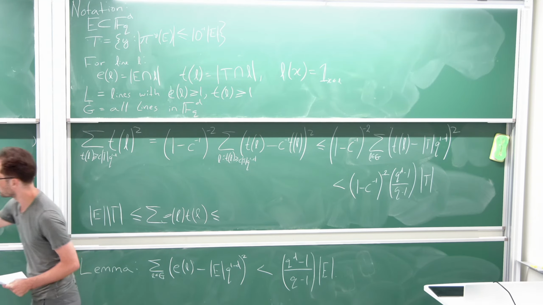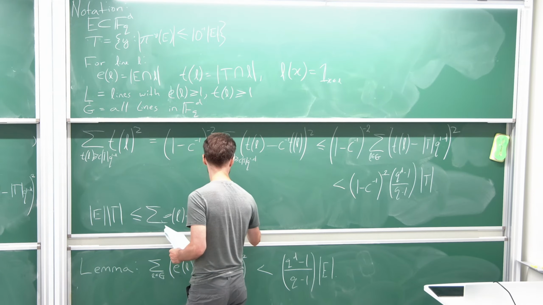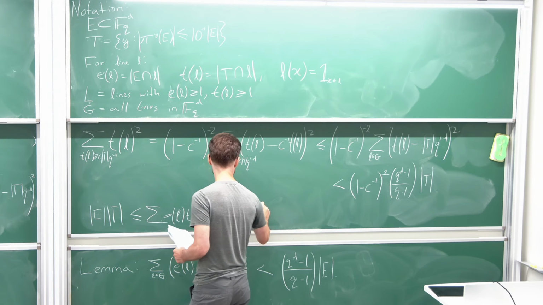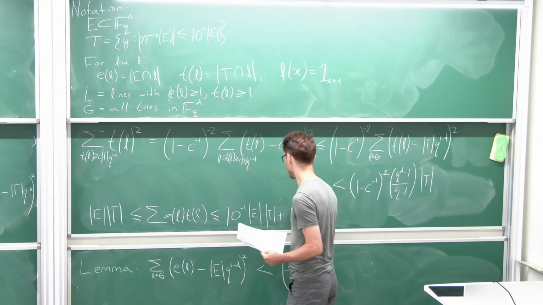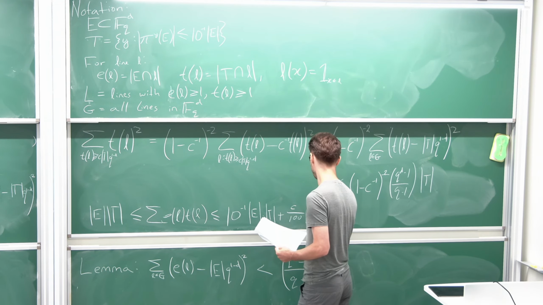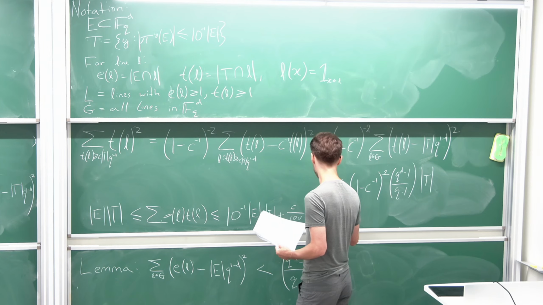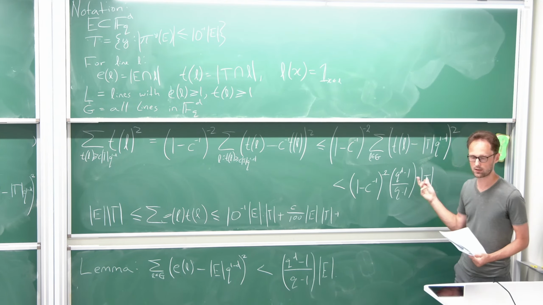So term 1 is 1/10 E times T. Term 2 was C over 100 times E times T. And the third term is the square root of this thing times E squared.